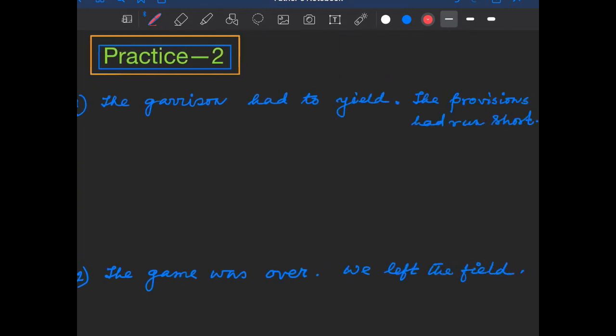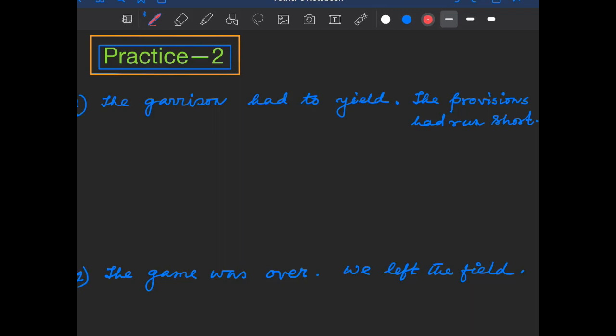Practice set 2. Here again copy these sentences in your exercise book. The same way do the works and come again and check your answers with my answers. Now see the answer. The first set of sentences: the garrison had to yield.